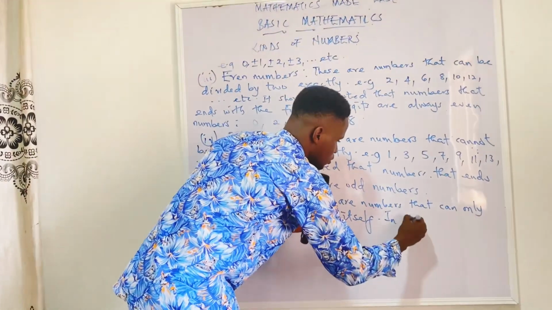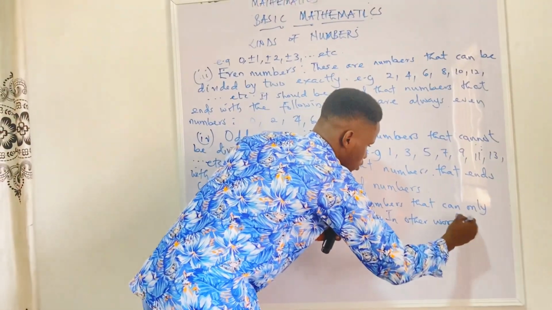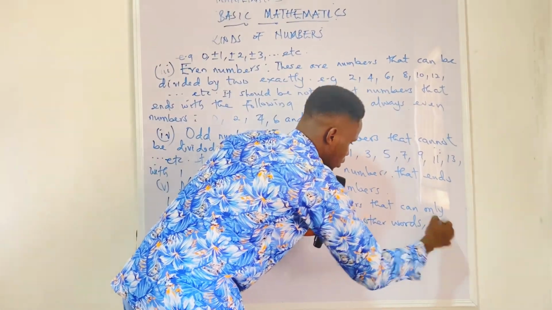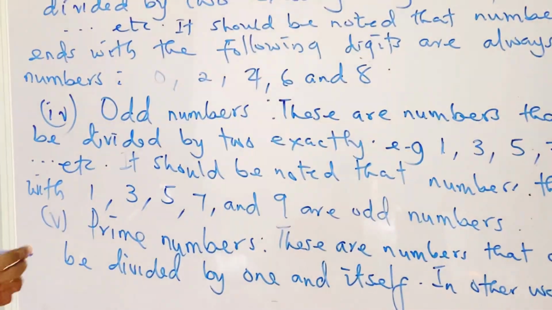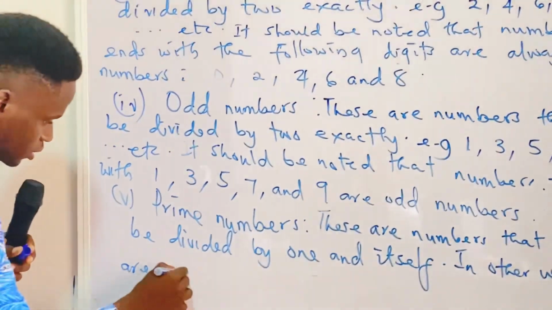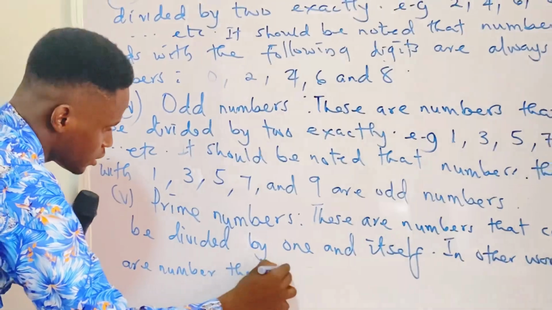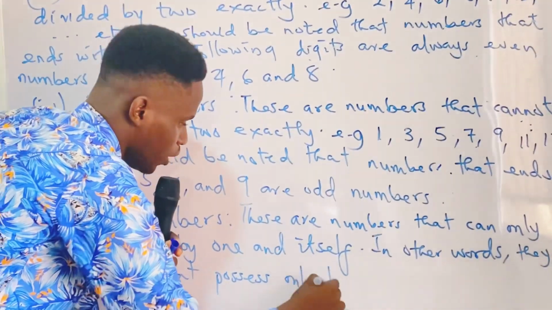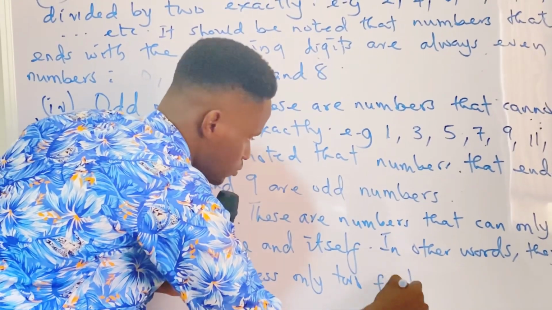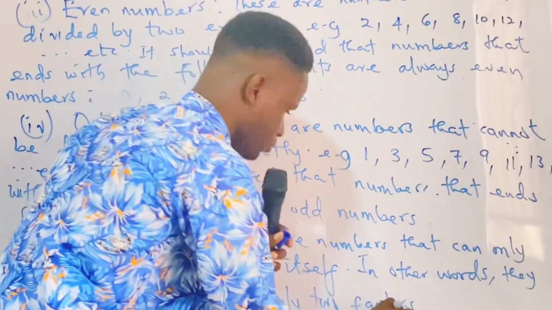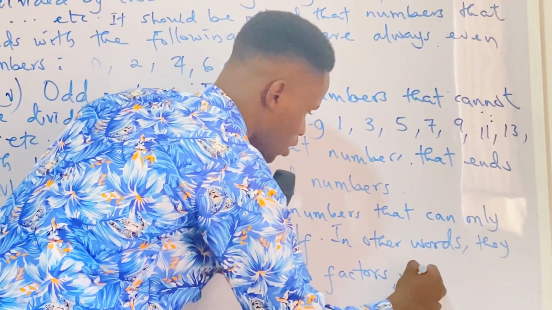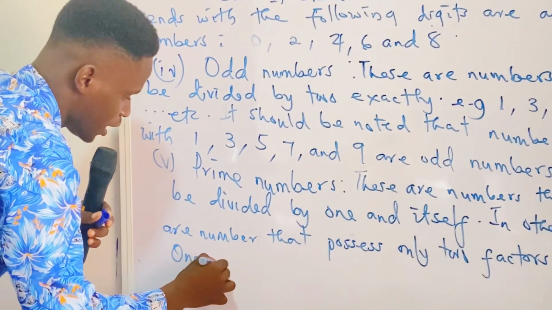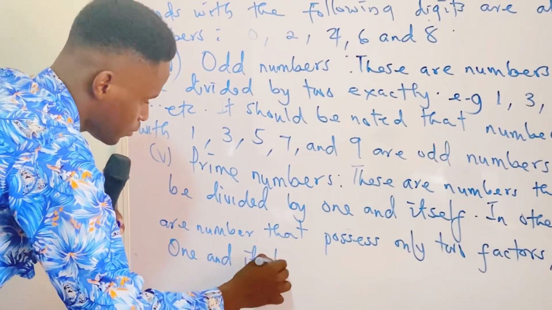In other words, you can say prime numbers are numbers that possess only two factors, which are 1 and itself.